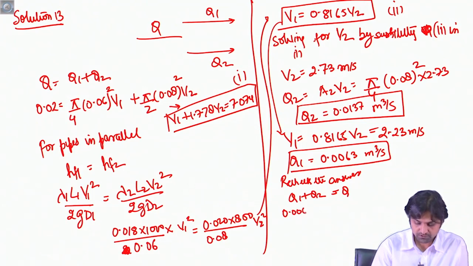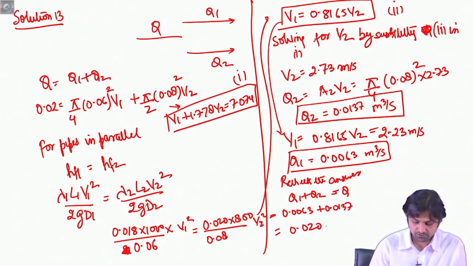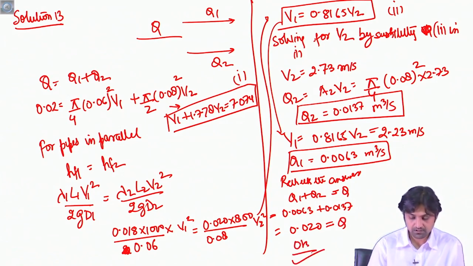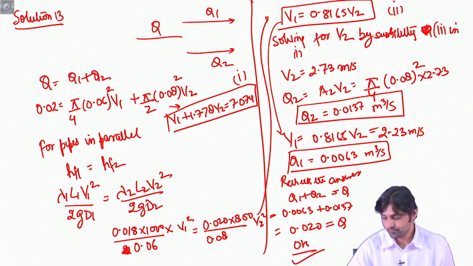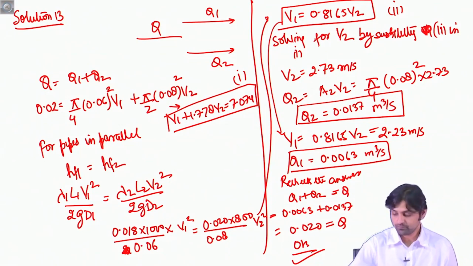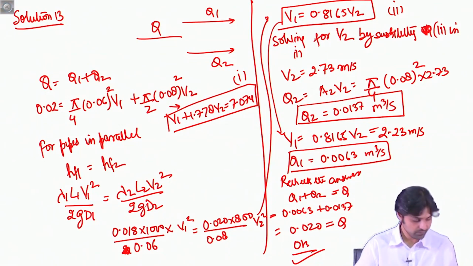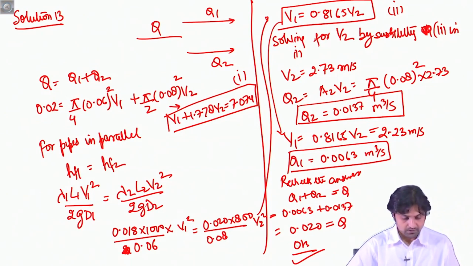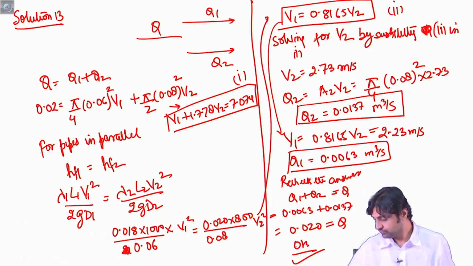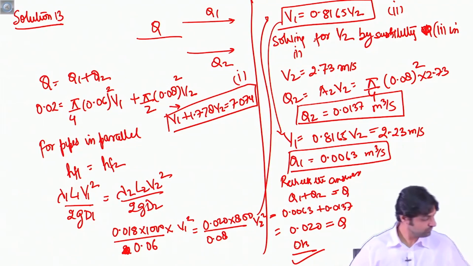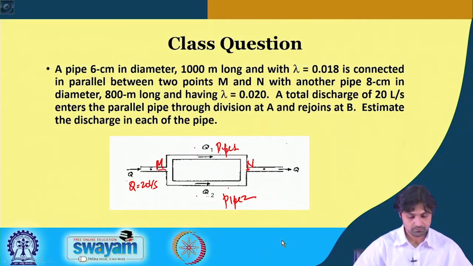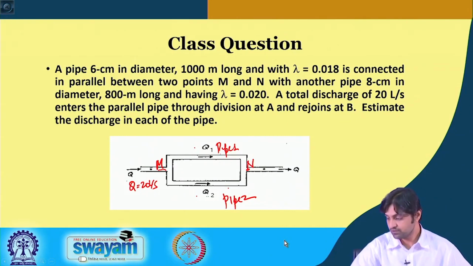So 0.0063 for Q1 plus 0.0137 is coming out to be 0.020, which is equal to Q. So our answer is okay. So this was one question.